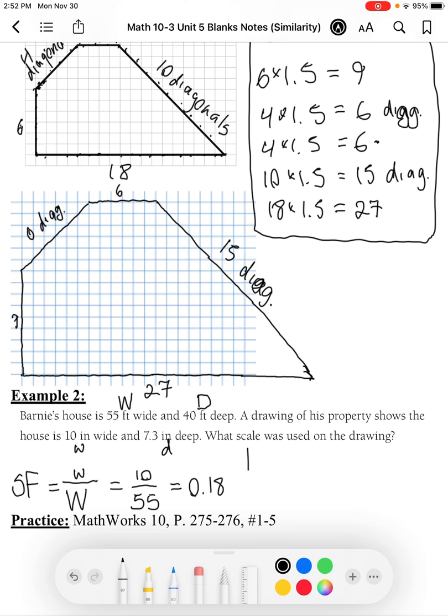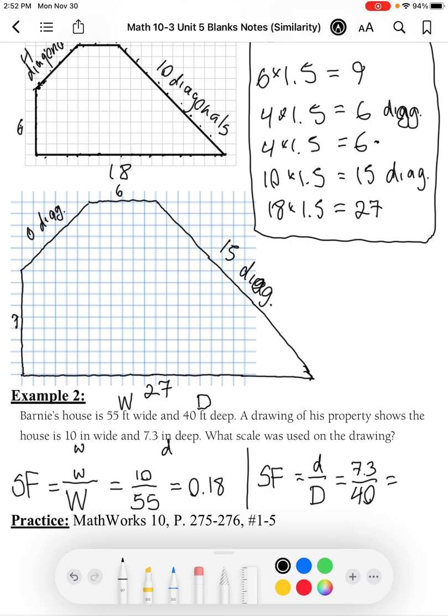Okay, now what you want to do is make sure it's the same if we compare depth to depth. So using depth to depth, that's 7.3 over 40.